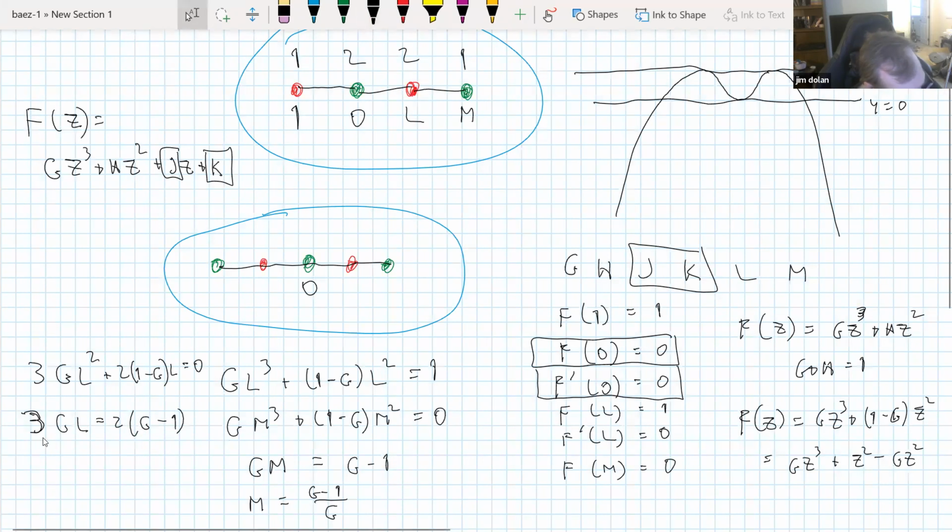Okay, so now what does that come out to? You're suggesting solving for L, is that right? I guess I was, yeah.